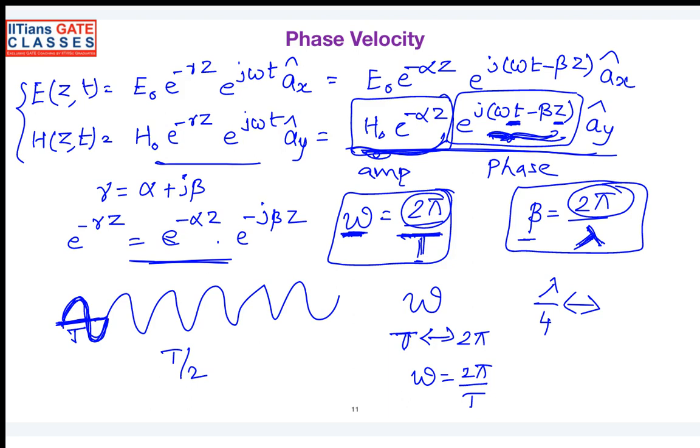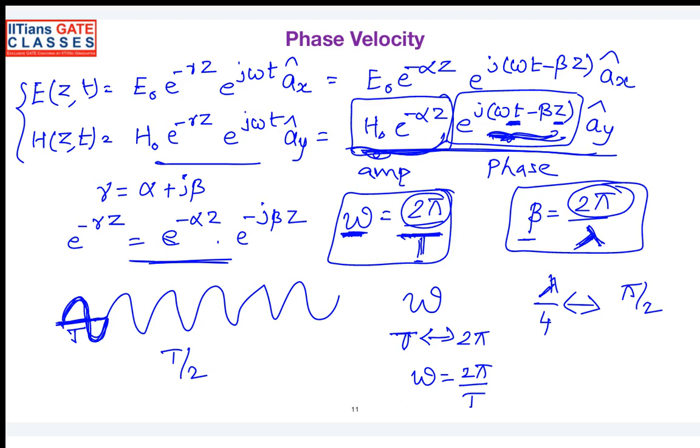You can answer me. When the signal travels for 1/4 of the wavelength, the corresponding change in the phase will be pi by 2. So that is what beta represents, correct?